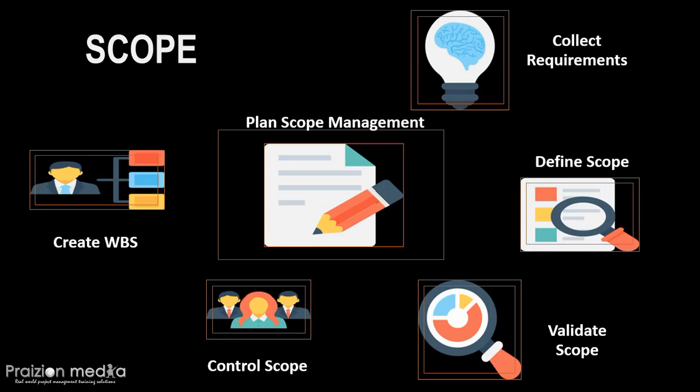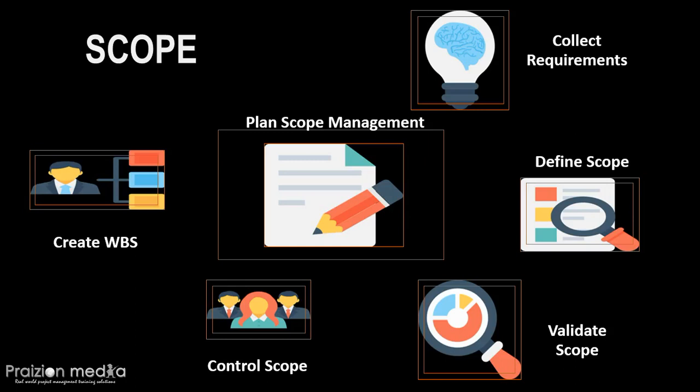In some instances, you may find validate scope happening first as a result of signing off on deliverables of a planning and baseline nature. And at the same time, validate scope could be after control scope. It really depends on the context. Make sure you understand the context as you study for the exam.